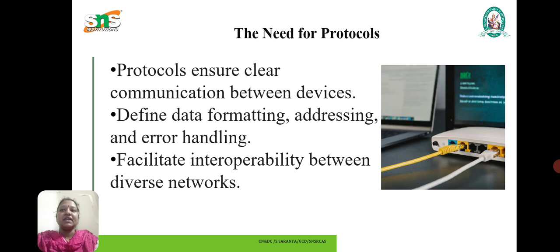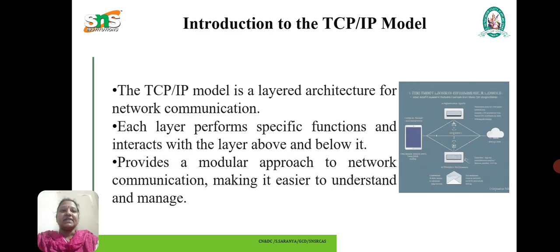These ensure that data sent from one device can be accurately interpreted and received by another device, regardless of its origin or network type. The protocol plays a vital role in interoperability, the ability of different systems to work together, which is essential for the internet.